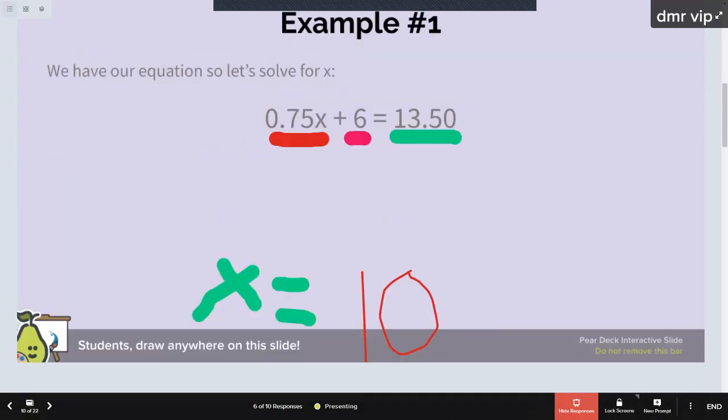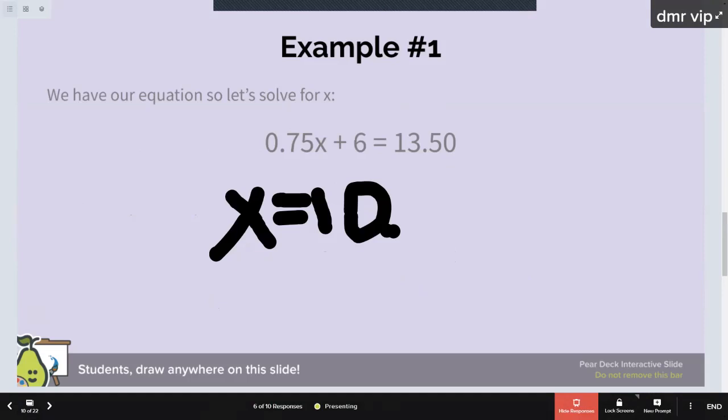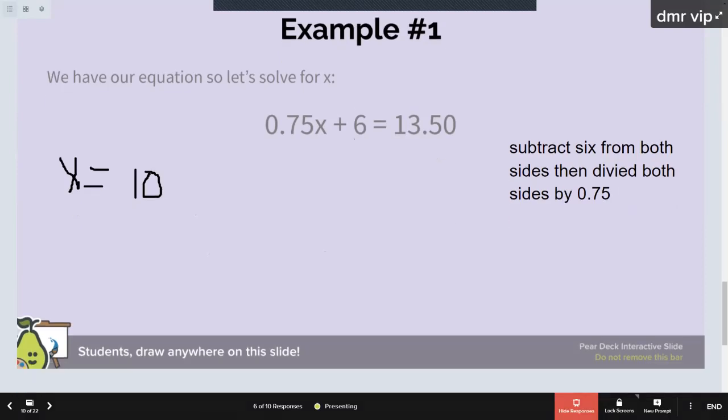It's very pretty, but this one's perfect. Subtract 6 from both sides. 0.75x equals 7.5. You divide through, you get x equals 10. That's perfect. Right answer, but no work being shown. Oh, okay. Well, that's helpful. That's good.